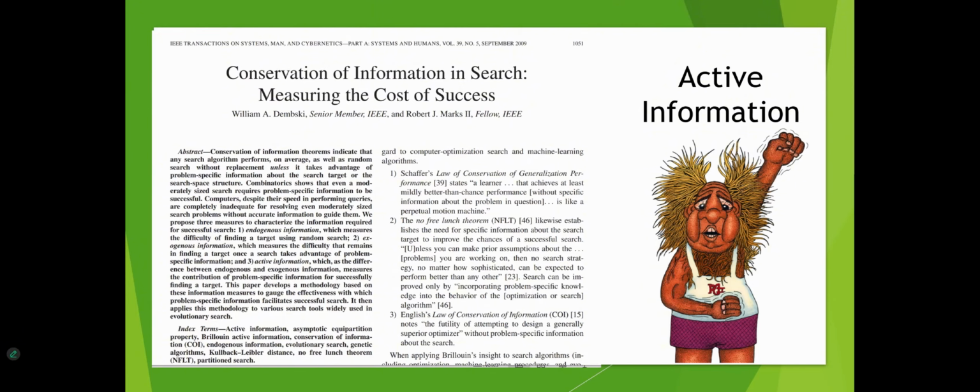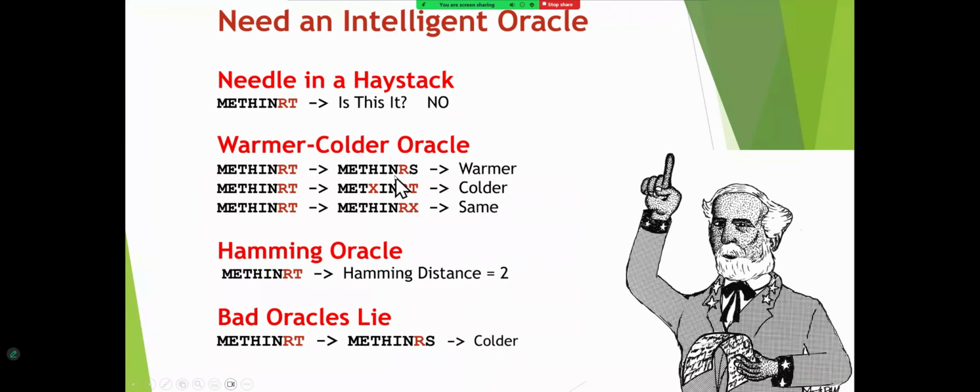And so we were able to actually measure the amount of information that goes into the search and measure it in bits. For example, back here, I think that the warmer colder oracle probably has less information than the Hamming oracle. And so maybe you get more bits of information here for the search than you do here.